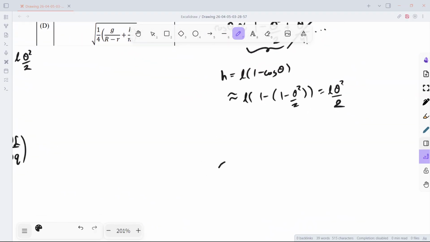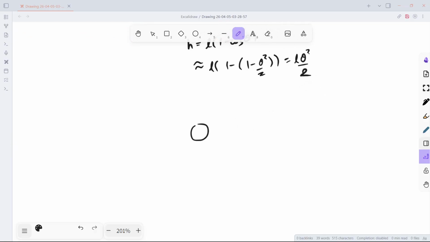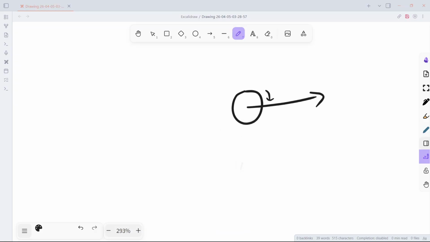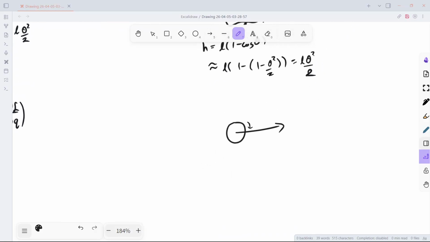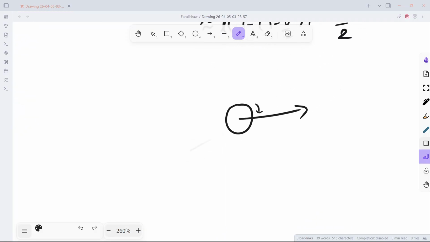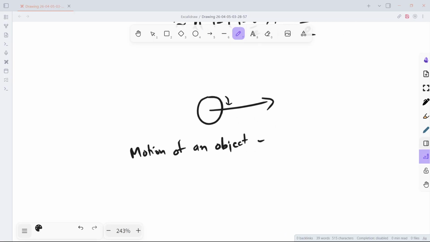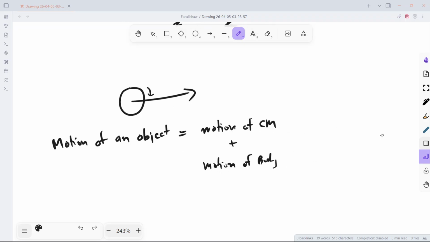In mechanics, whenever you have a motion of an object in space, and the thing is also rotating, it's a theorem that you can prove, but you can always decompose the motion of an object as motion of the center of mass plus motion of the body around the center of mass.